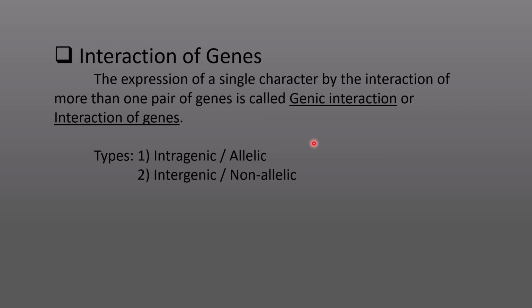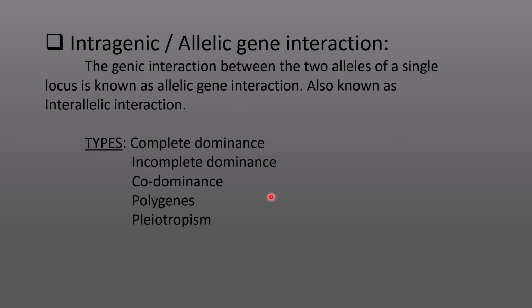In interaction of genes, there are two major types. One is intragenic, also called allelic, and the other is intergenic, which is non-allelic. Coming to intragenic, in science the simple thing is to go through the name, understand the title; that explains most of the concept.